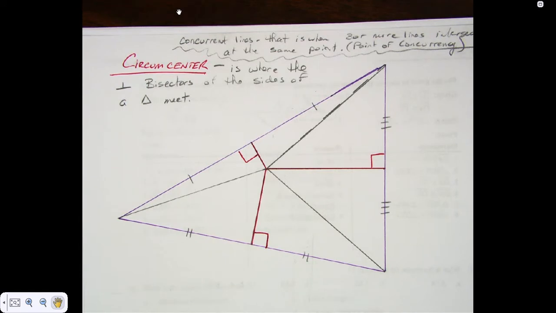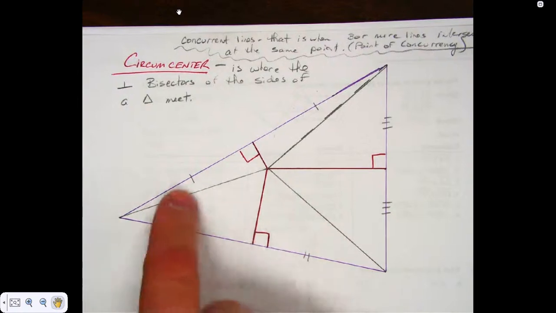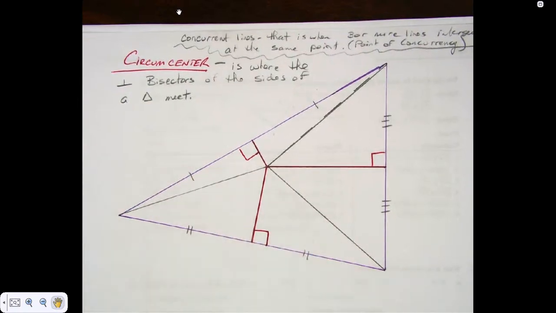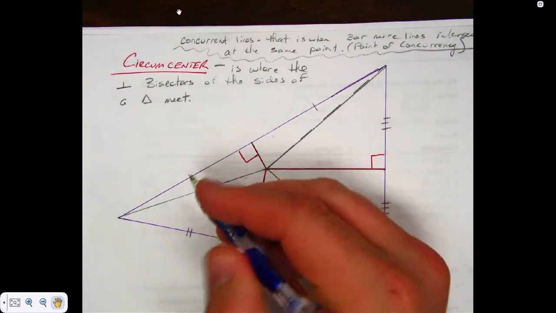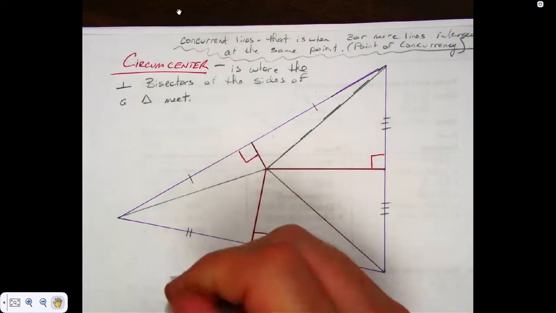Look at those segments. I know I say not to go by how things look, but if you're just looking, what do you think you can say about those? I look at this one. Isn't it the same length as this one? Doesn't it have to be? Why does it have to be?